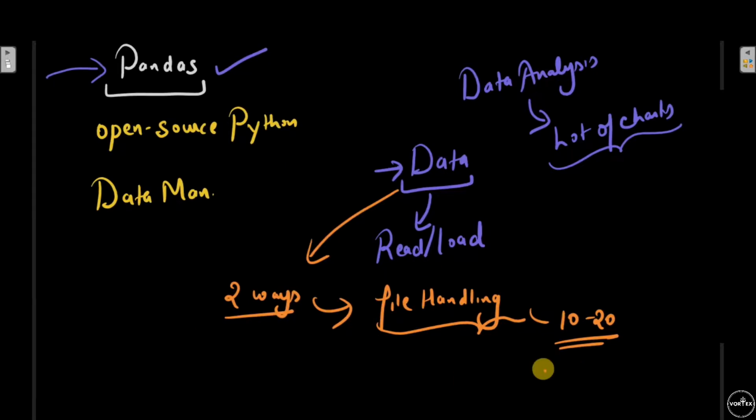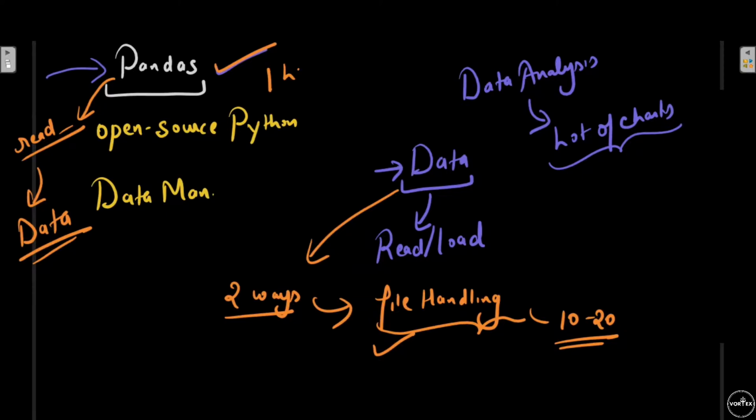This is one way. Another way, for those who are not from a programming background, is to say, why should I worry about this file handling approach? I will use simple pandas. I will call some inbuilt function, let's say read something, and we will end up getting our data. It's hardly just one line of code to read the data.